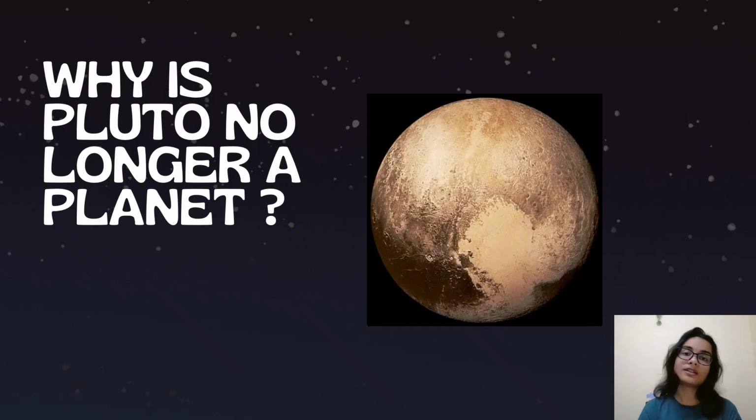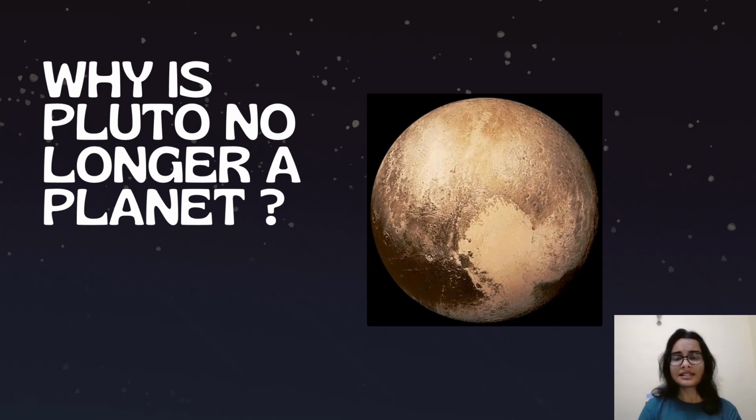Why is Pluto no longer a planet? Pluto was once considered the ninth planet of our solar system. But in 2006, the International Astronomical Union reclassified Pluto as a dwarf planet.